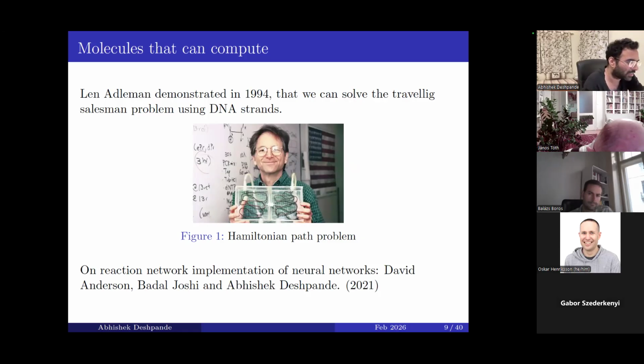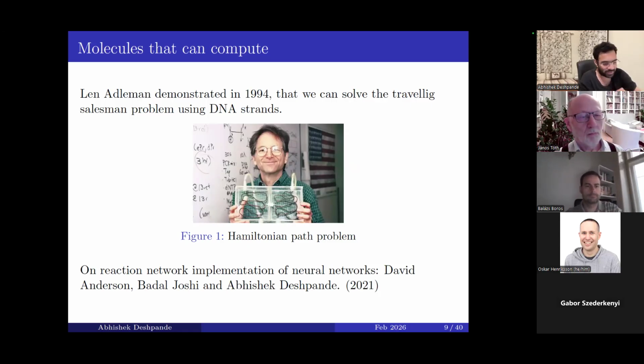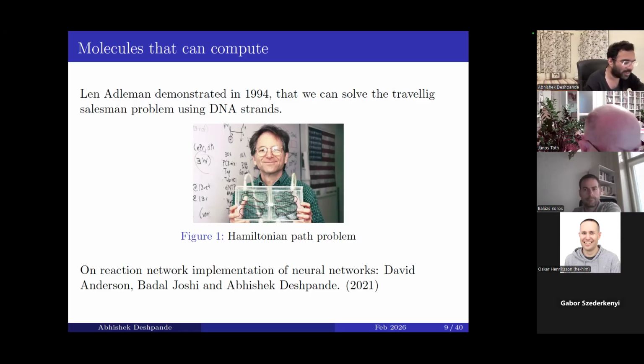So what you see in his hand are DNA strands, and you could do strand displacement reactions and polymer exchange reactions to actually solve an NP-hard problem, the Hamiltonian path problem, right? So using molecules to do computation is not a new idea. It has been there for more than 3 decades.